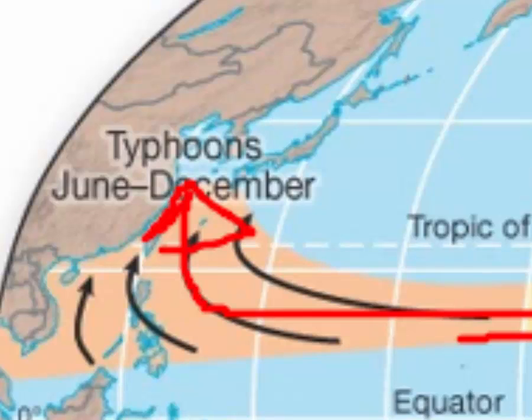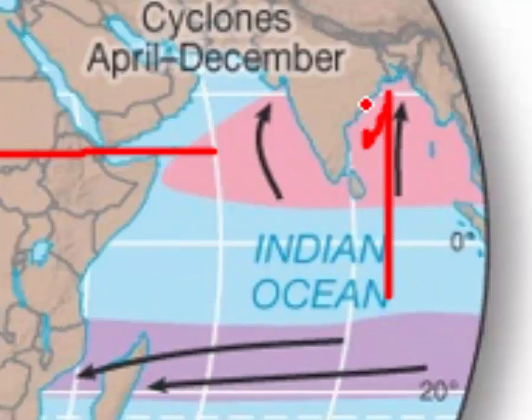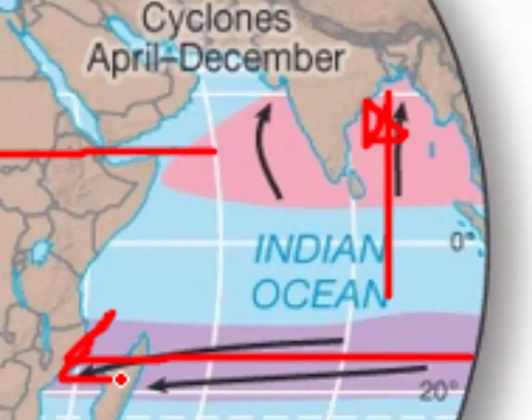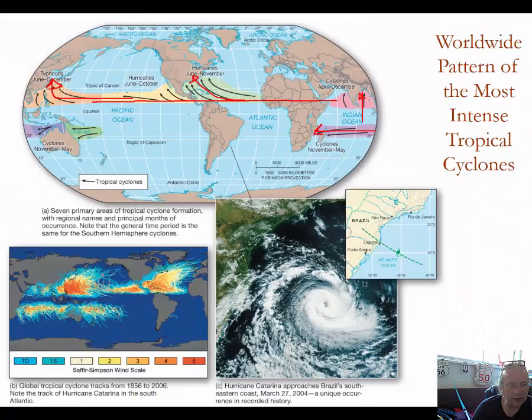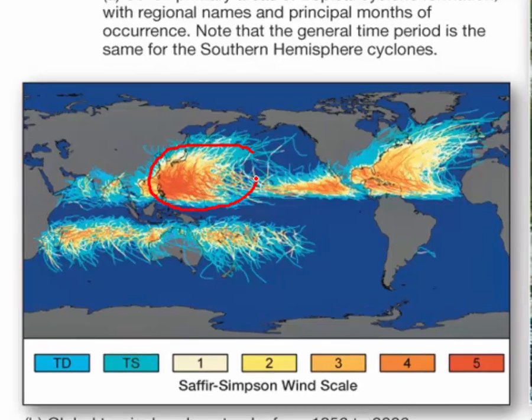Occasionally these cyclones also form in the Indian Ocean, occasionally making landfall in the Indian subcontinent, occasionally affecting Australia, occasionally hitting Madagascar. This graphic down here shows the wind speeds and tracks of a number of cyclones that have hit over the years.